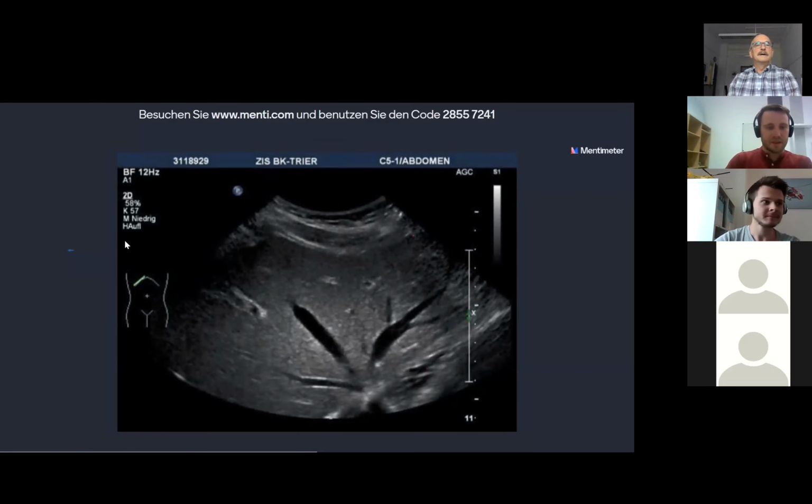Yeah, also last question, you see an ultrasound picture of the liver, and it's also a beginner question, but a very important question, I think. So just look at the picture, look at the vessels and the surroundings.